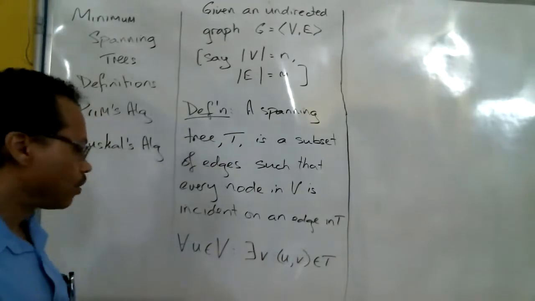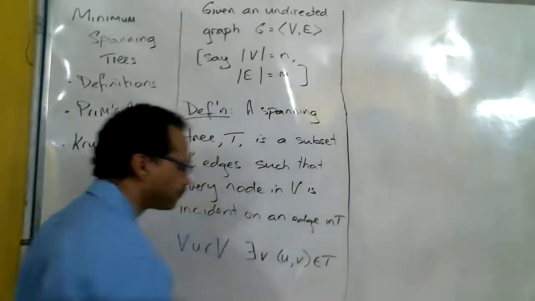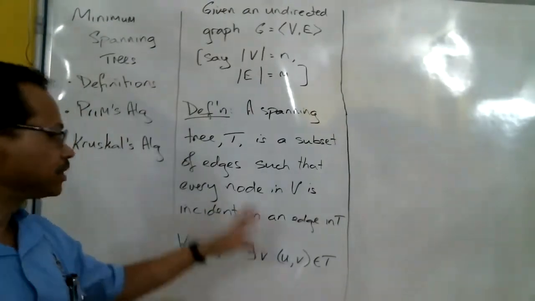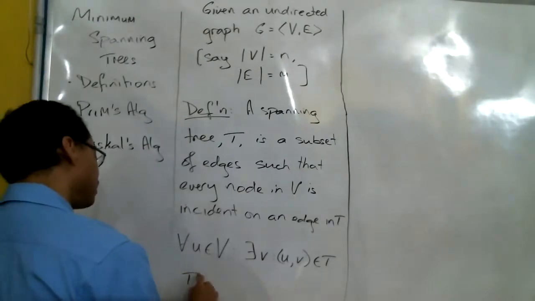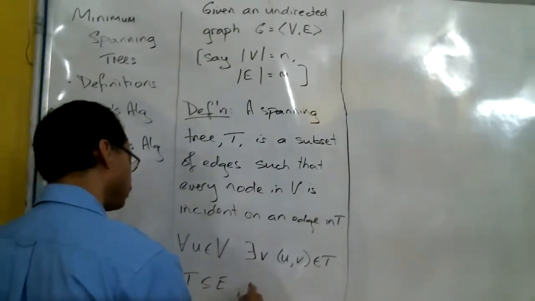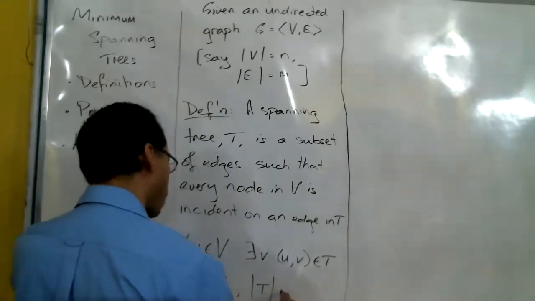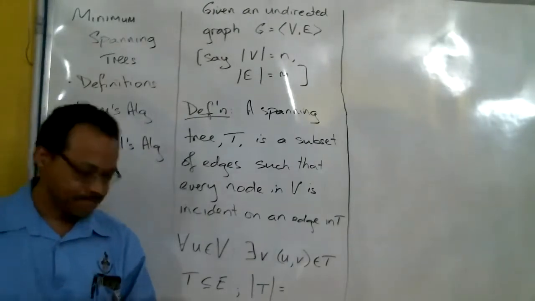T is a tree. If T is a tree, what can I say about the size of T? Since T is a subset of E, how many members are in T? What's the size of T? This is from your discrete maths now.